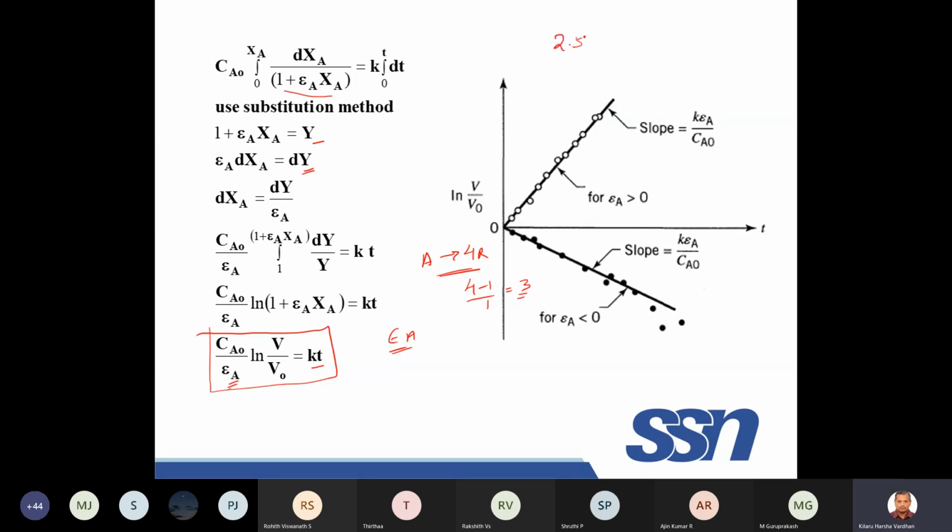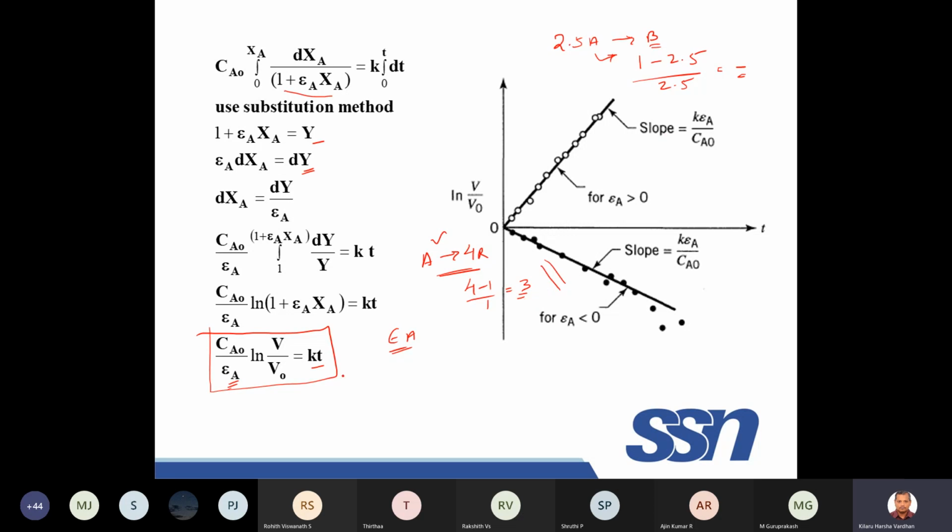Sometimes 2.5A gives some B. Then if you do 1 minus 2.5 by 2.5, that lands you at a negative value. So you get a curve like this. This we call an expansion, and there is a decrease in the number of moles. If the final moles are less than the initial moles, you get a negative slope.